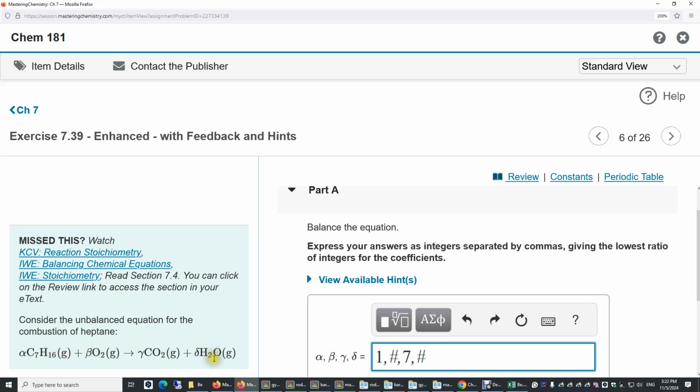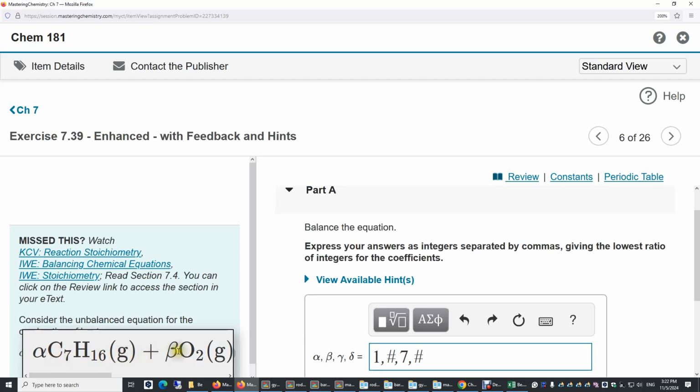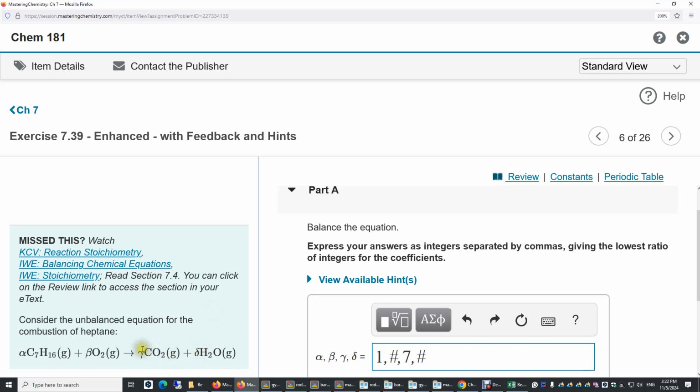Therefore, on the right hand side of the equation, we need 16 hydrogen atoms. And there's no hydrogen in CO2, so we have to have 8 water molecules. Alright, 8 water molecules contain 16 hydrogen atoms. Now we balanced carbon, we balanced hydrogen.